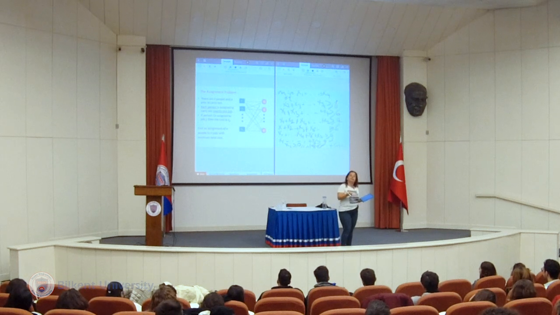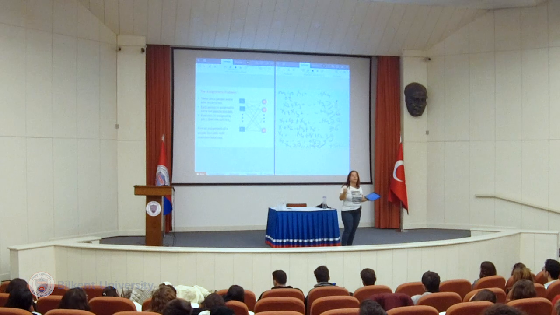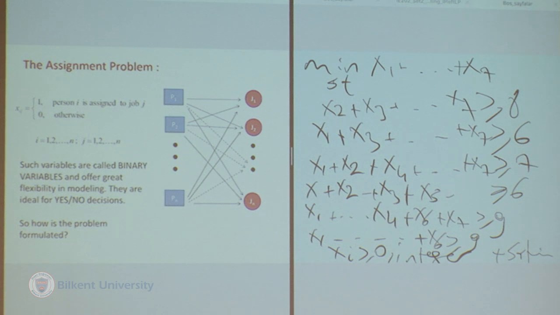So the problem is to find the assignment of persons to jobs so that total time is minimized, total cost is minimized, whatever your performance measure is, yeah? This is a binary variable. Remember, I was saying there are also certain cases where we only say 0 and 1, because now each person does only one job. So number of workers performing task i doesn't make sense.